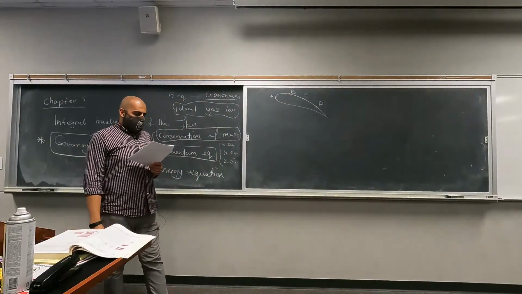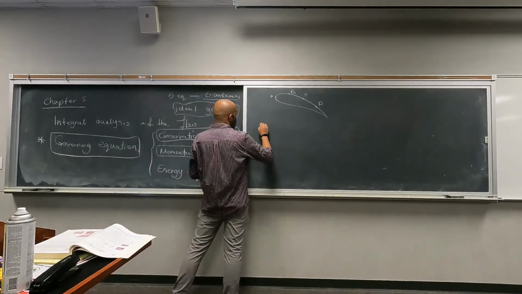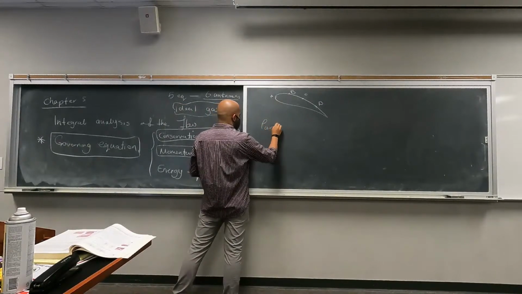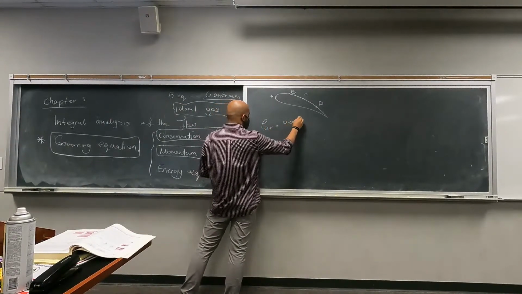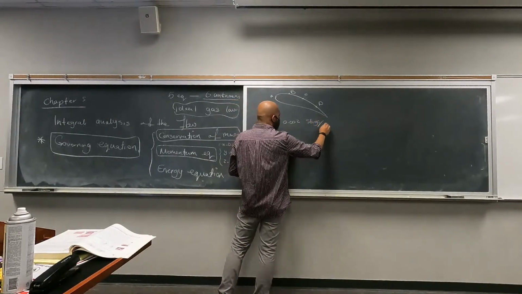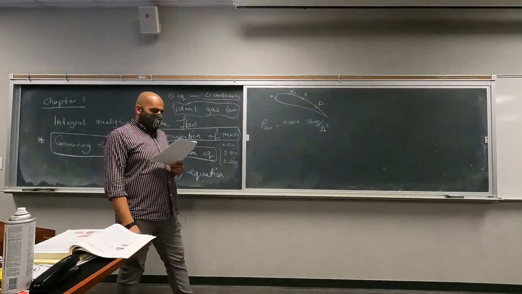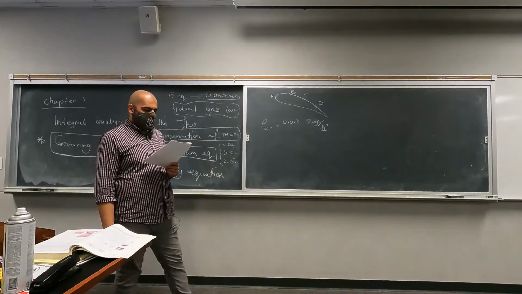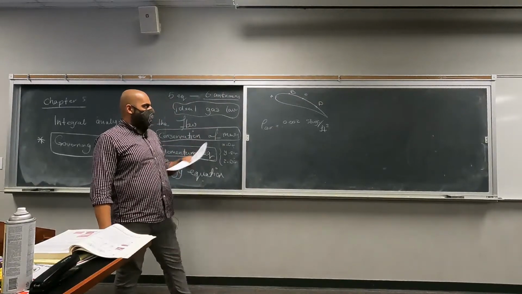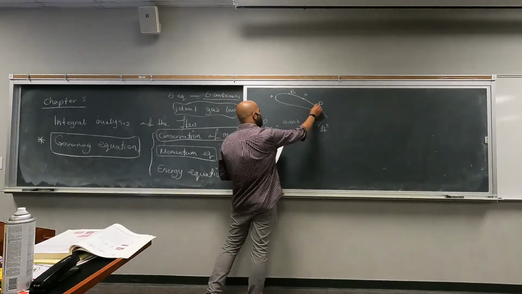And the air density is 0.002 slugs per cubic feet. So rho of air is 0.002 slugs per cubic feet. And we want to find the air velocities just above those points, which essentially means that we want to find the velocities at these points, right?